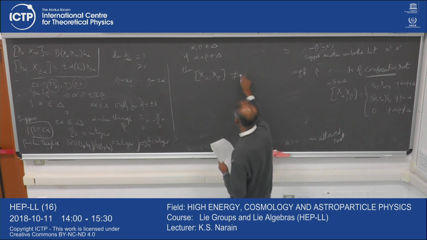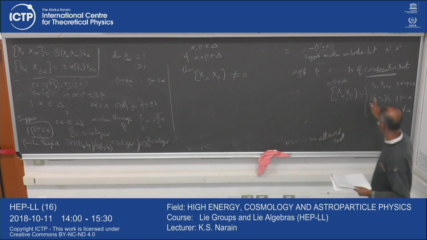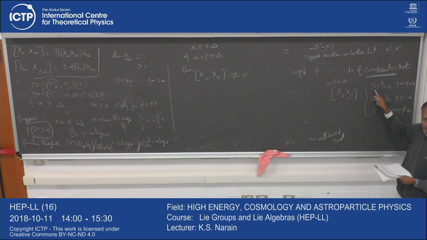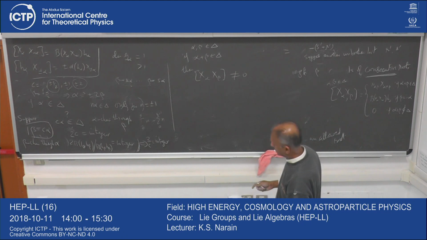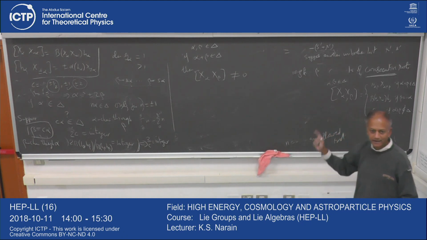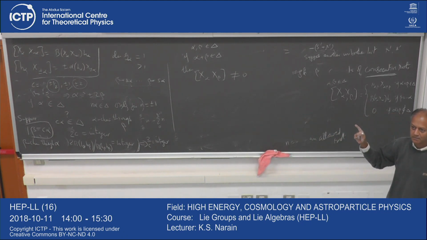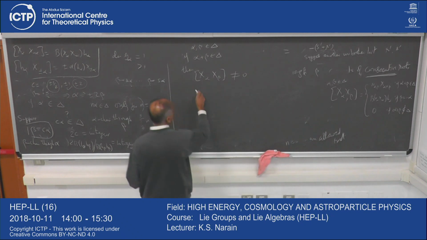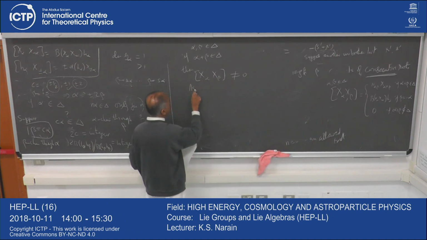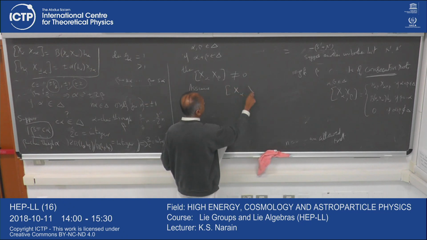Which basically says that N alpha beta is not 0. The way to prove this is by contradiction. So assume that x alpha, x beta is 0.